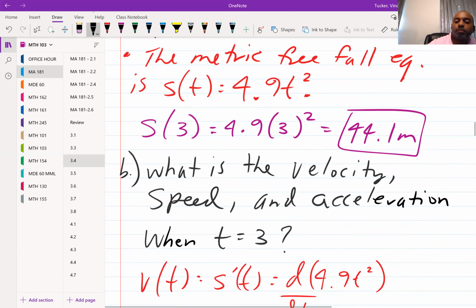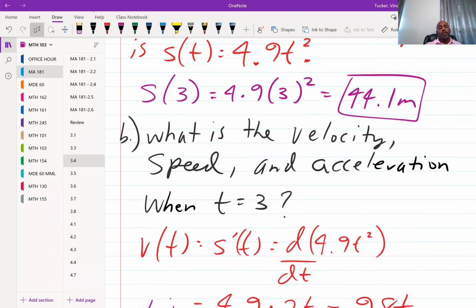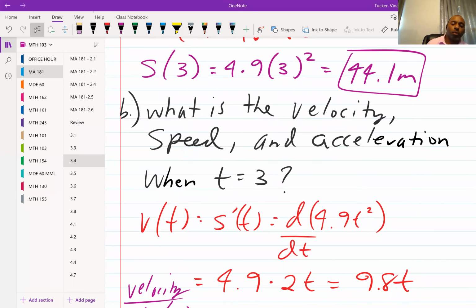All right. So first thing, if you want to find a velocity, remember that's the derivative of position. Our position formula was 4.9 t squared.